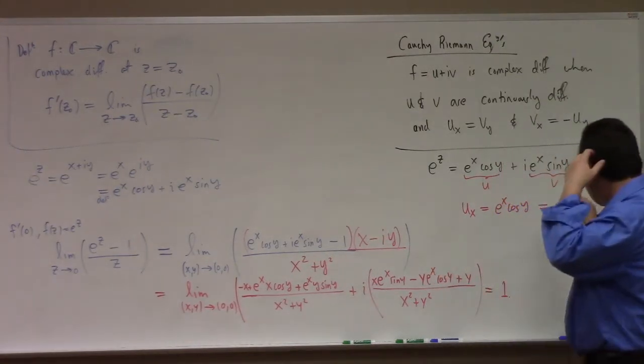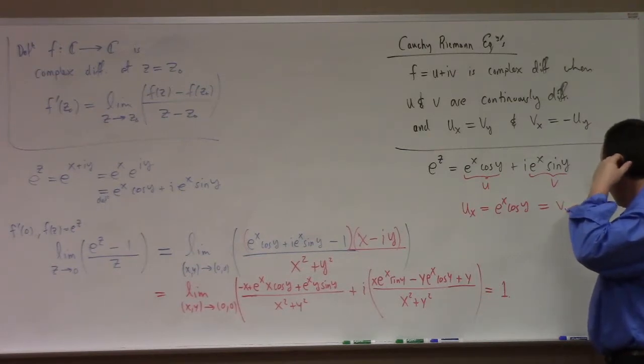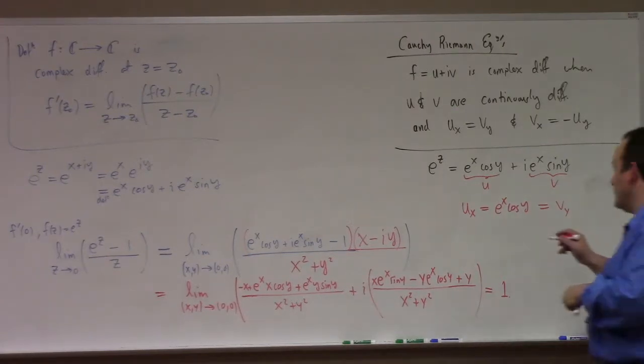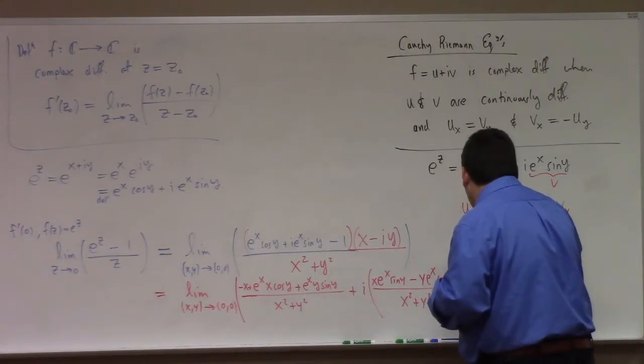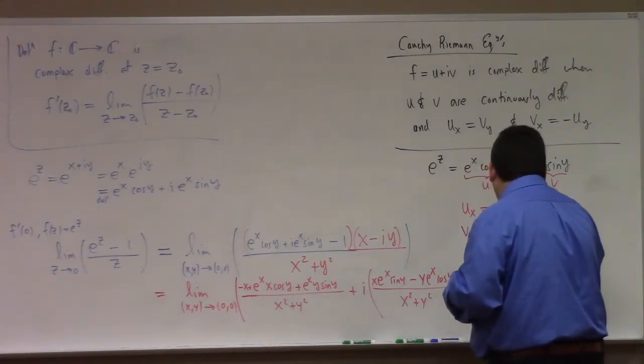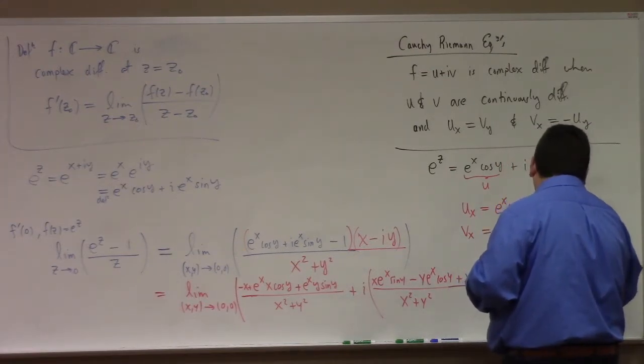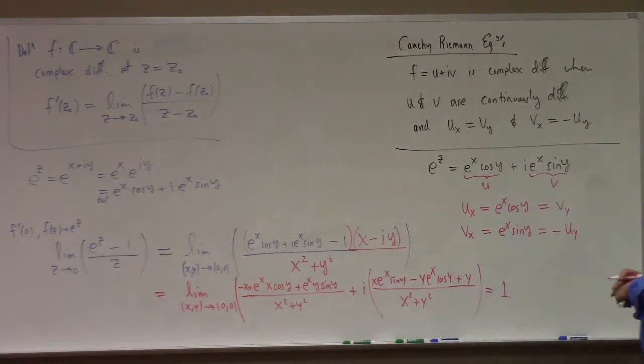And that's also equal to the partial derivative of v with respect to y, right? So there's one of the Cauchy-Riemann equations. How about the other? v_x is e to the x sine y, and that is minus the partial derivative of u with respect to y.